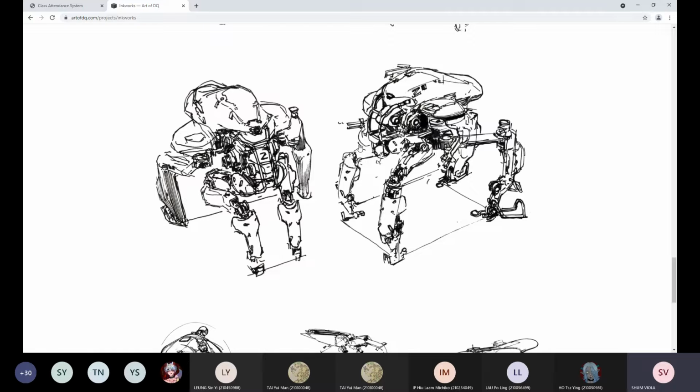Okay, so for the first assignment, the limitation is combining the human and also the robot. But I didn't mention what the background of this robot is. For example, maybe it's not a normal human being. Maybe this character is a soldier. Maybe in my background of this character, I said in the future, this is a robot, this is a soldier.